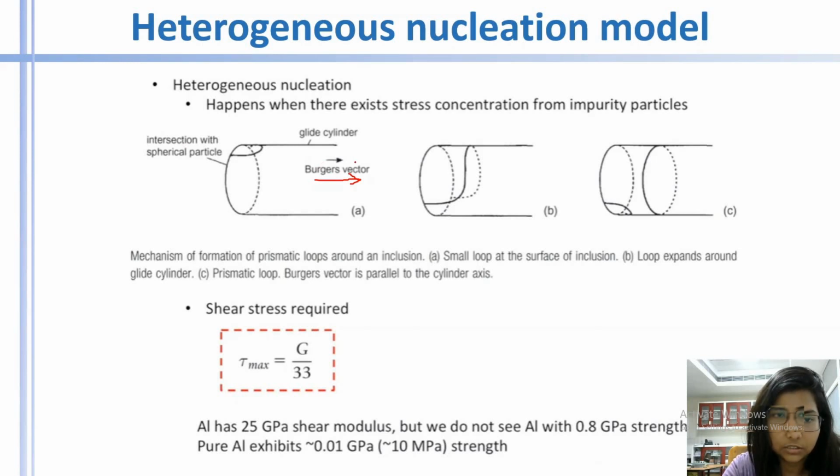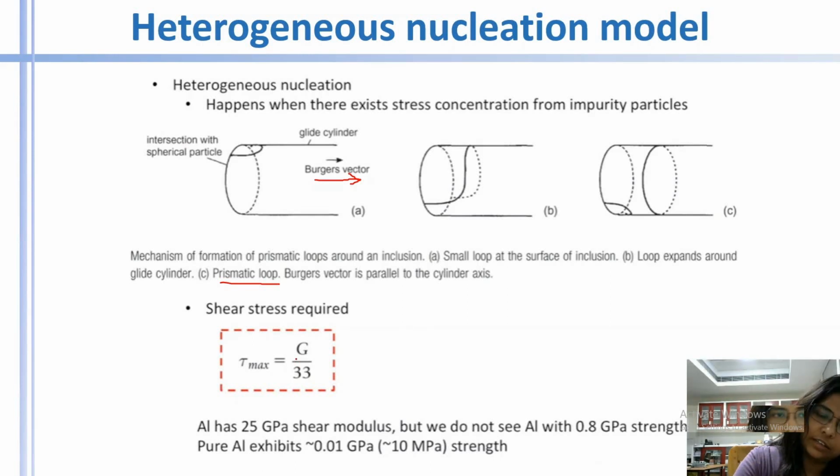This is stage B. Finally, when it separates fully, we get the prismatic loop, this is C. The shear stress required in this heterogeneous nucleation model comes out to be G by 33.